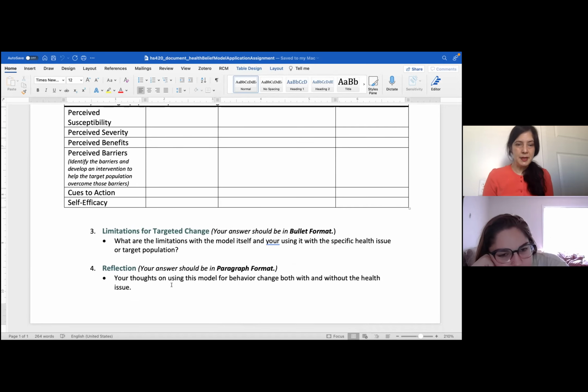Okay. Limitations for target change. Your answer should be in bold format. What are the limitations with the model itself and using it with the specific health issue or target population?